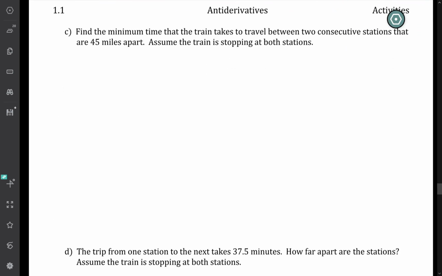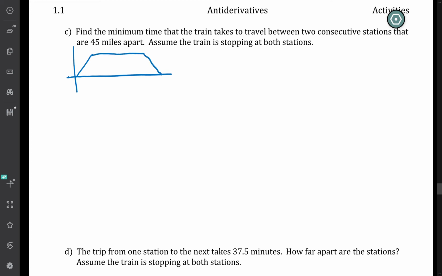All right, part C. Now we want to know the minimum time to travel between two stations that are 45 miles apart, assuming that we're stopping on both ends. So now we know our total distance is 45 miles. So let's see, we need to do the same sort of thing as before.